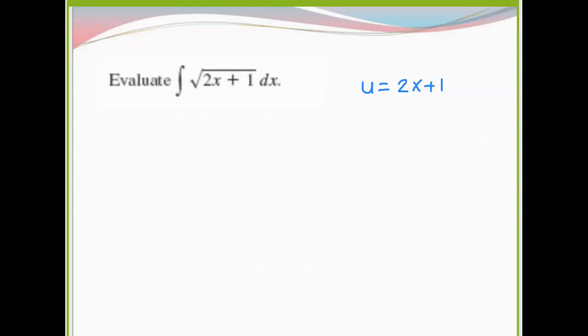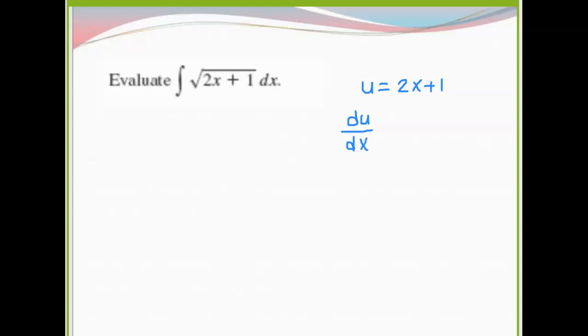So, where do we have du and dx in our world? Well, we have them when we take derivatives. That's Leibniz notation. If you take the derivative of u, that's represented by du dx.